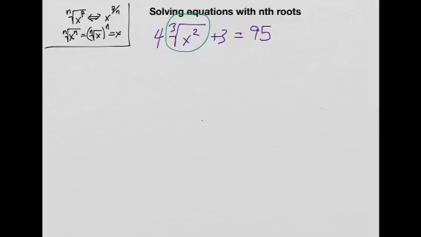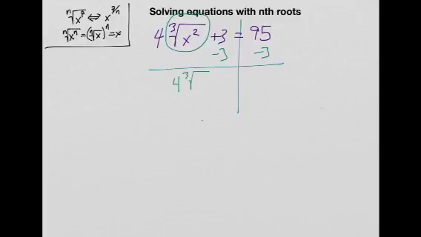I'm going to isolate it and then undo it. So let's come along and just get rid of everything that's in my way. I'll subtract the 3. Because remember, when we do this, we're doing order of operations backwards. So we have to first do the last thing we do, which is the addition and subtraction.